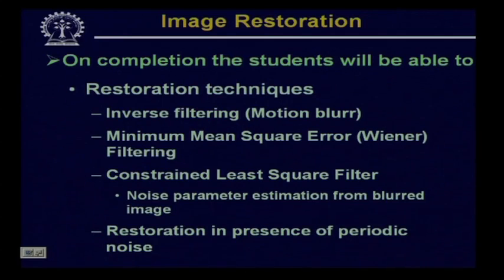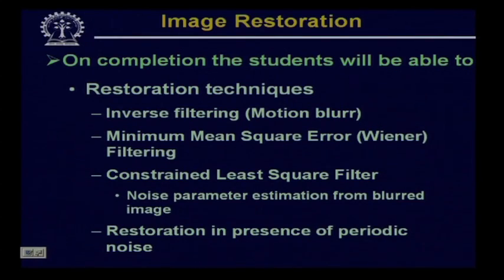We will also talk about another technique called the constrained least square filter, which mainly uses the mean and standard deviation of the noise which contaminates the degraded image. And then we will also talk about the restoration techniques where the noise present in the image is a periodic noise.